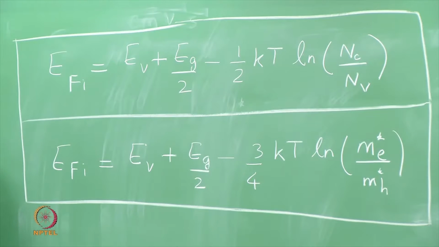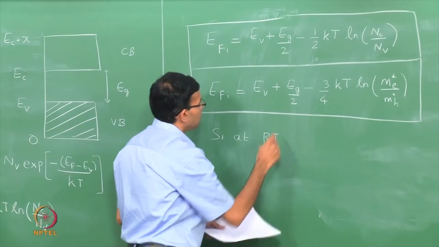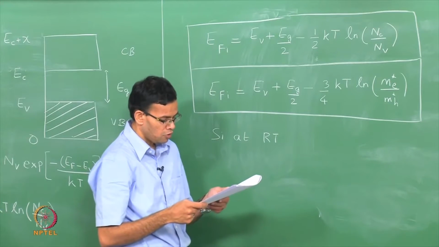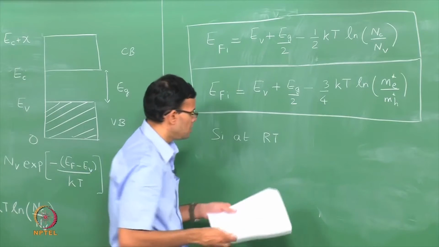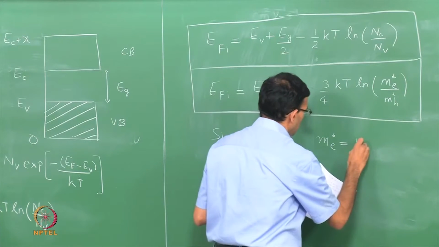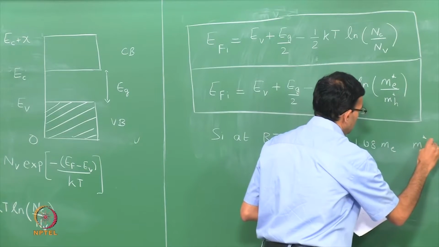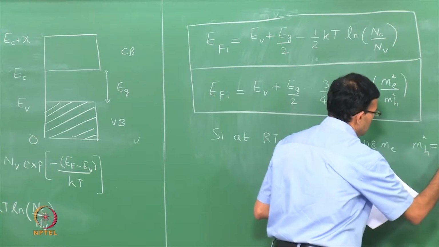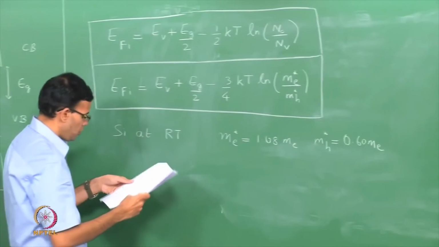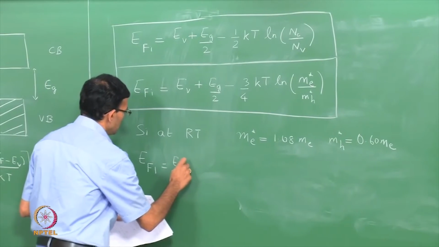So, let us do the calculation for silicon at room temperature. We can either use NC and NV that we calculated earlier, or you can use the effective masses. So, let me use the effective mass. ME star was 1.08 ME, MH star is 0.60 ME. Since I am using the effective mass, I will use the second equation from which you get EFI is EV.